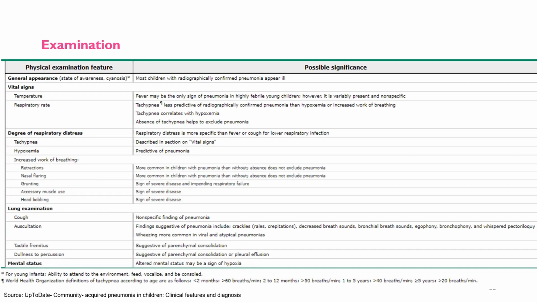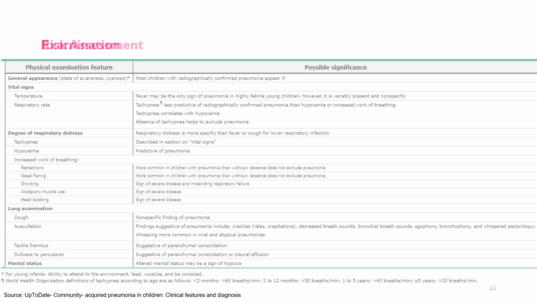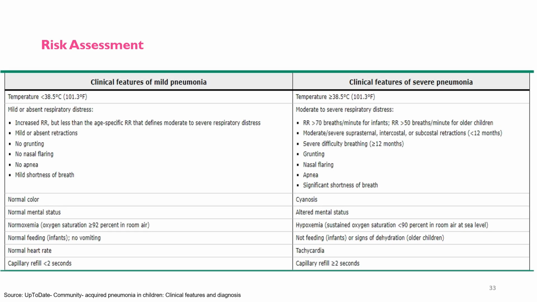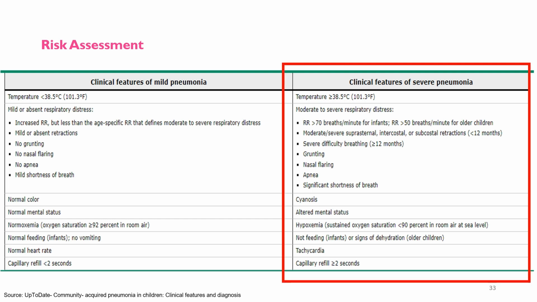Coming to the physical examination, I won't be going over that slide, but we've discussed it in the videos part. So the most important examination features. What I will go over though is this table, because it's kind of repeating the same thing. But what should you be aware of? What are the signs of severe pneumonia?